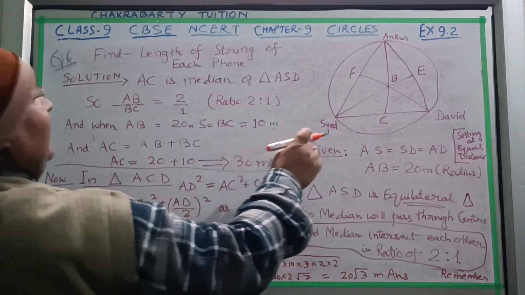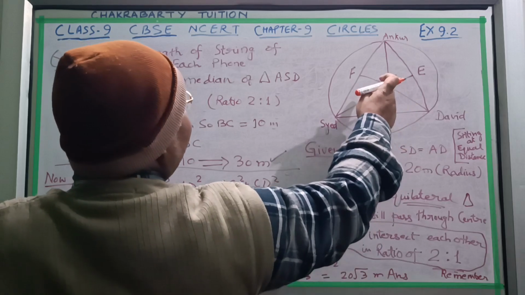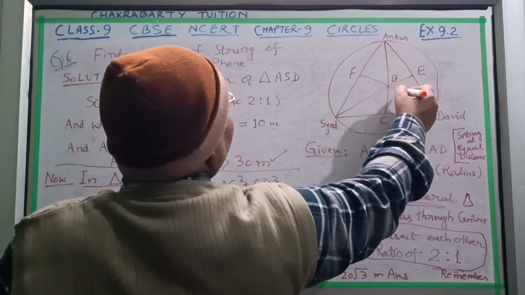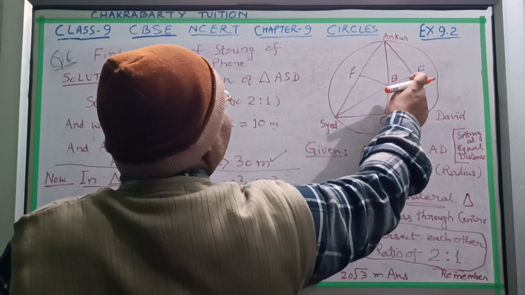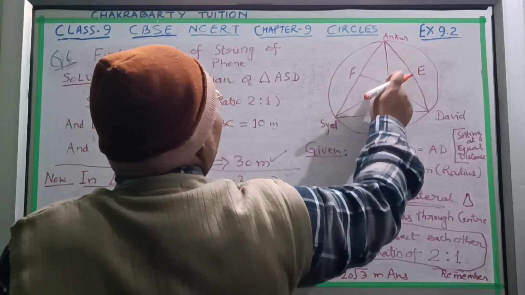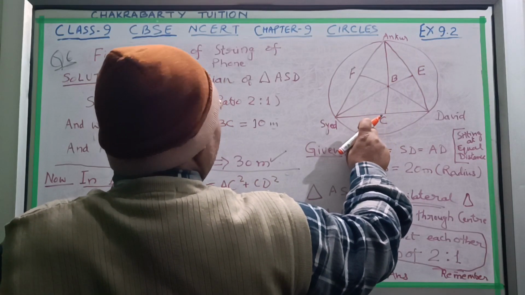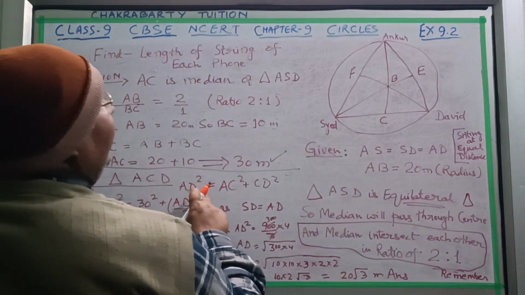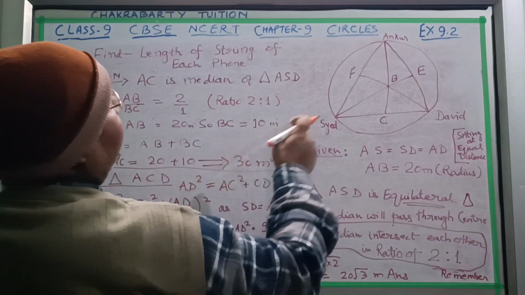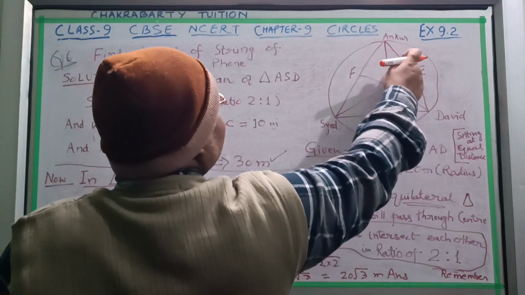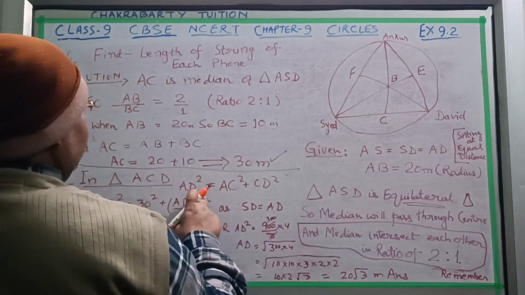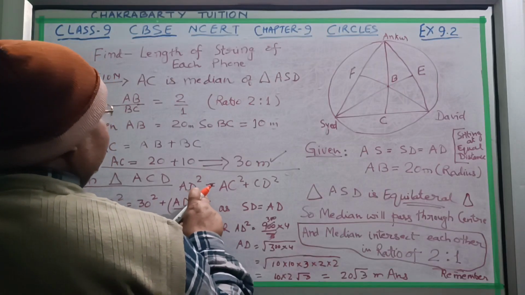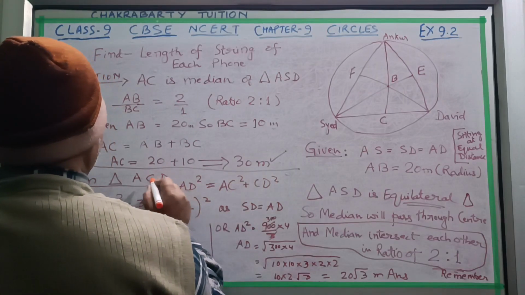Now in triangle ACD, we are talking about this line, AC and CD. So this line and this line, all lines are equal. So we can say AD, because we have to find the string length. So AD square, we are using the Pythagoras theorem in ACD.